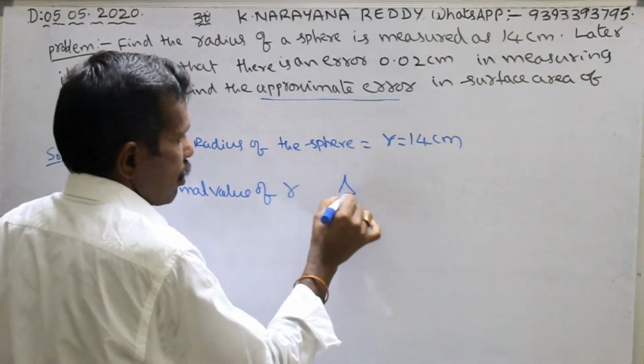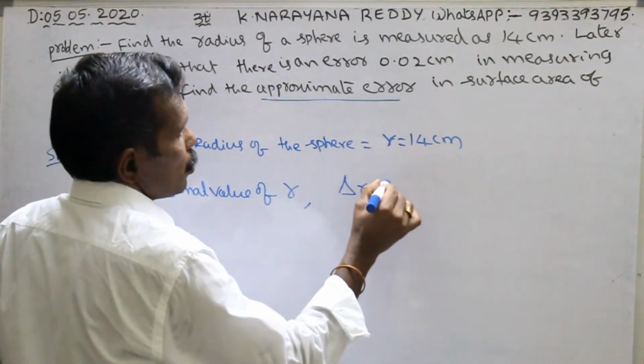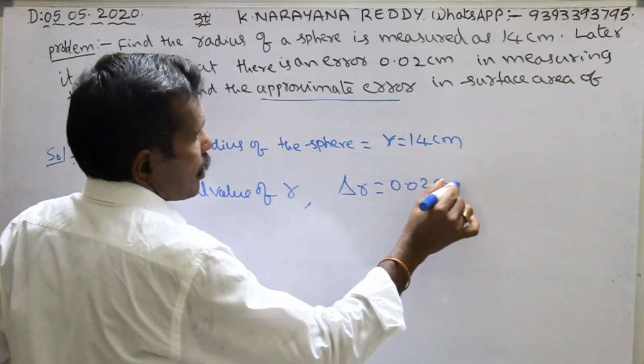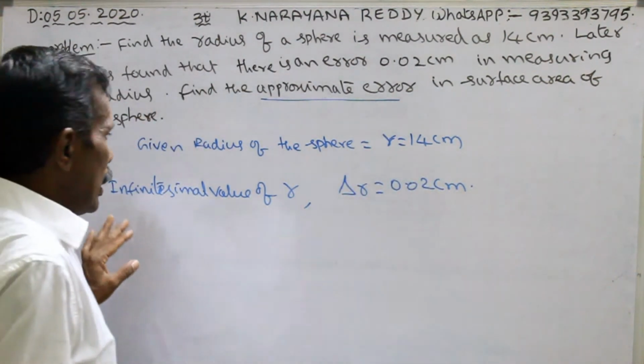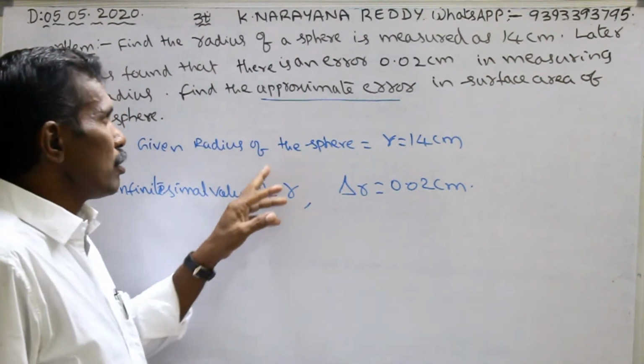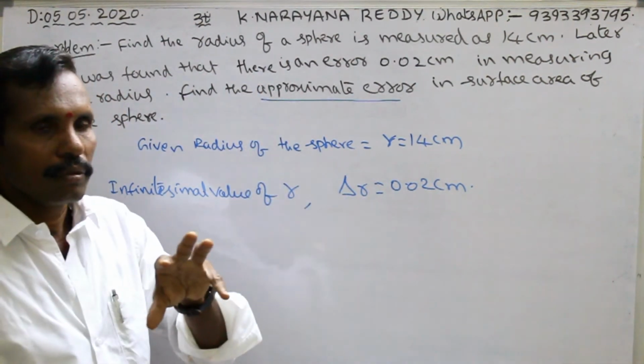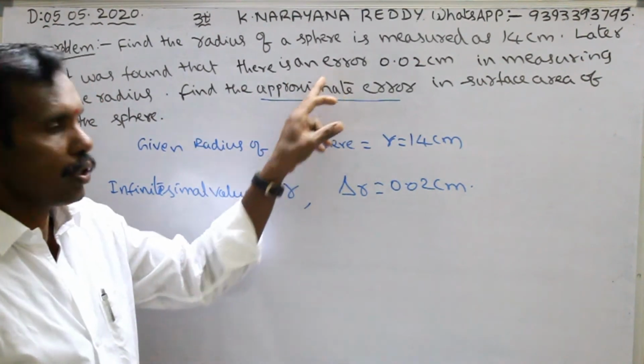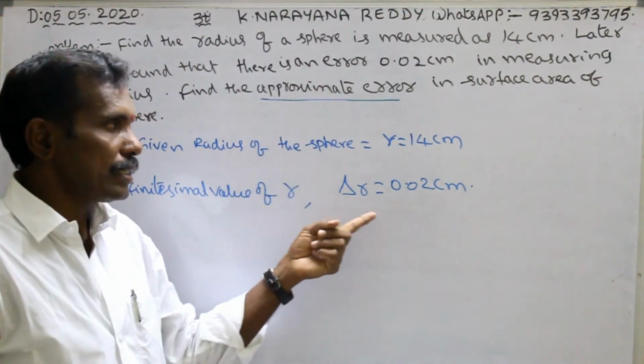Del R equals 0.02 centimeter. Please remember this. Infinitesimal value is nothing but the change in value, the approximate value. That is the error. That is the infinitesimal value of R, that is del R.